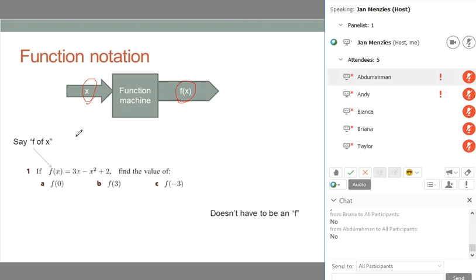So you are used to saying the answer is Y. The answer Y will be when we do something to X. Here they're using the example when we make X triple, take away X squared, and add 2. That is our function.